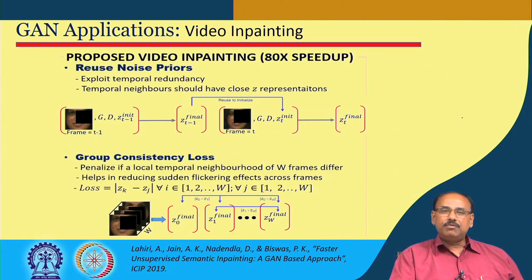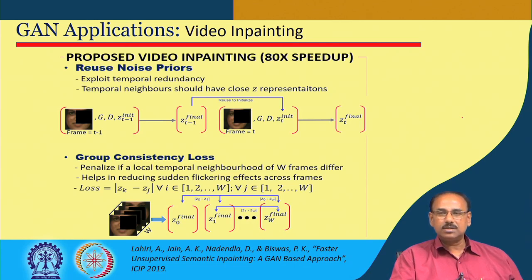The same concept we have extended for video inpainting. In case of video inpainting, as you know, video is nothing but a sequence of frames played at a particular frame rate.